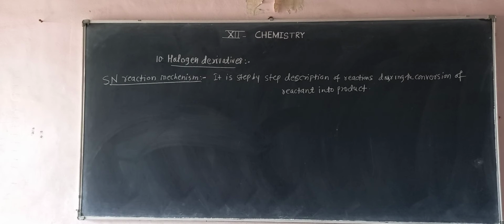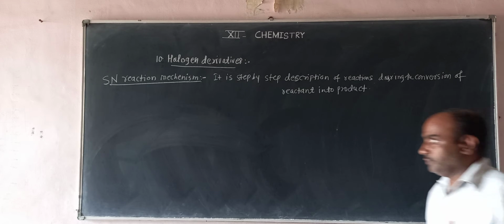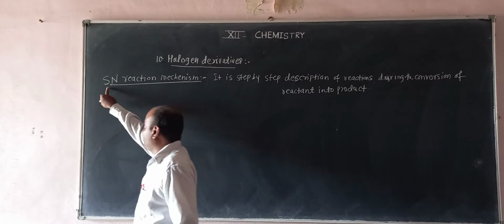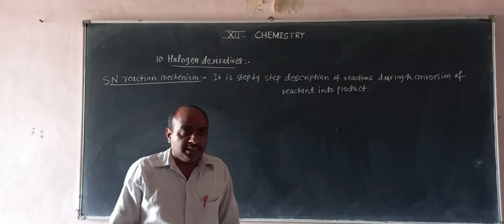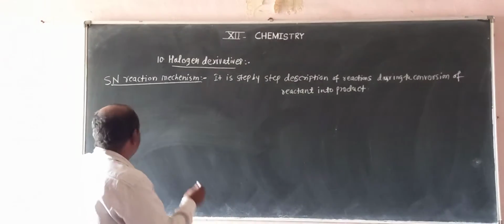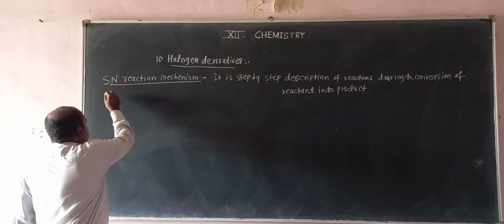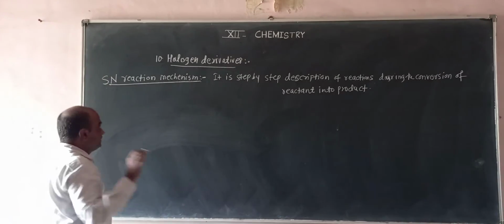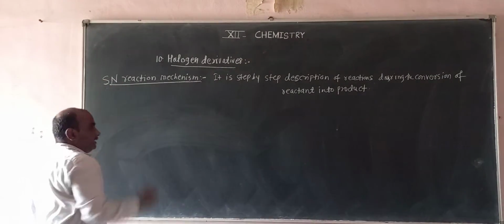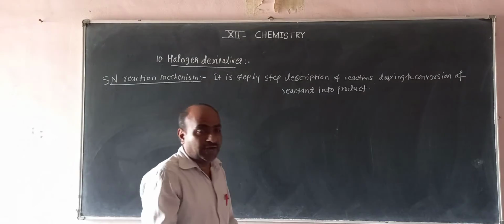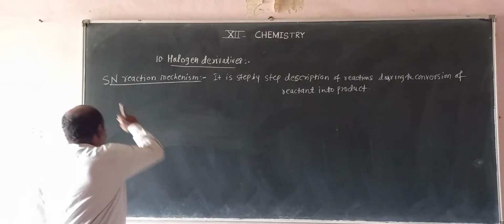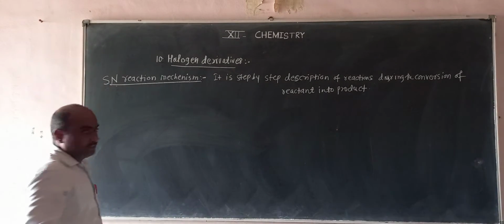Now see what the SN reaction mechanism is. You know that in substitution nucleophilic reactions, one atom or group is replaced or substituted by another nucleophile. This is called a nucleophilic substitution reaction.